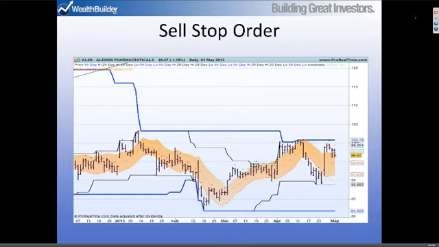So we would place a sell stop order at 88.86 to protect against a larger loss. And if the trade continued on in our favor, we would move that sell stop order up until we were in a profitable position and protecting our profits.